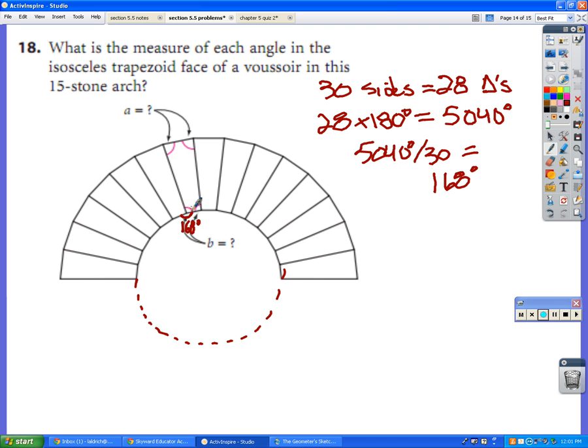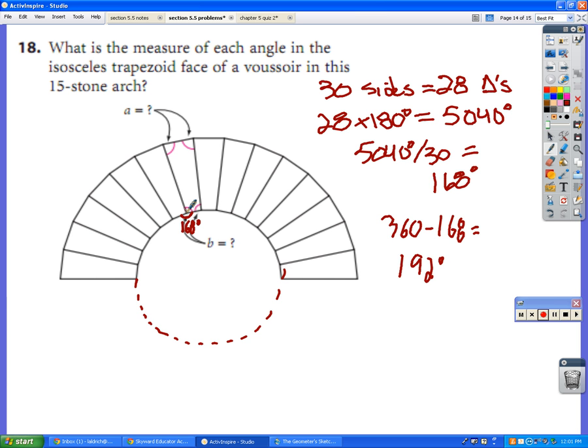Okay? So how many degrees would these 2 angles opposite that be? Well, you know they're going to add up to 360. So if I go 360 minus 168, then that means that these 2 angles have to add up to, what is that, 192?